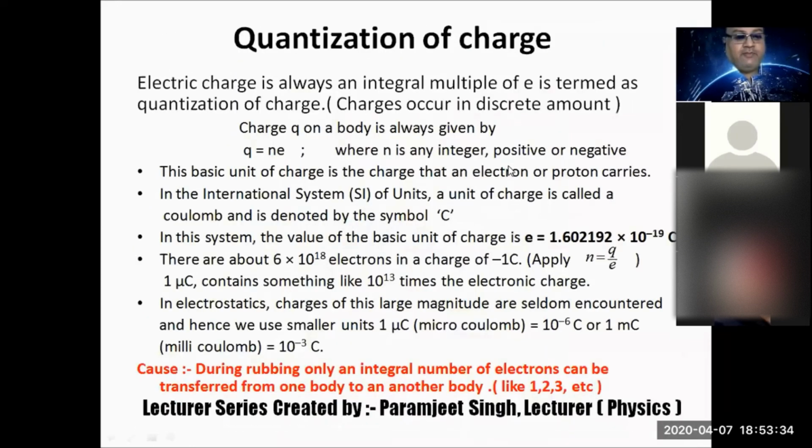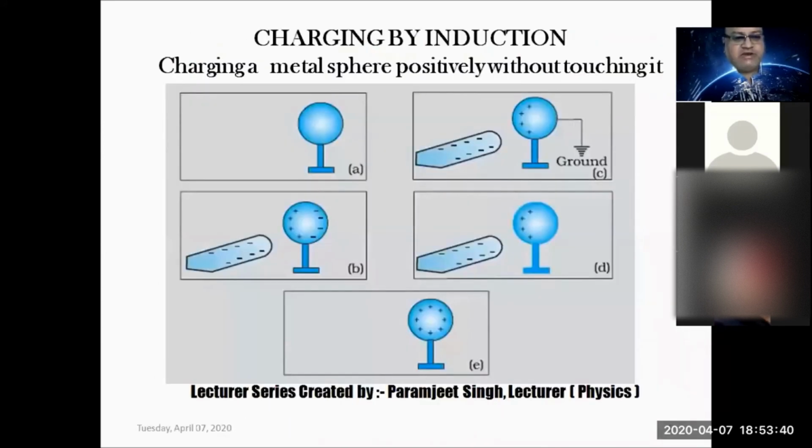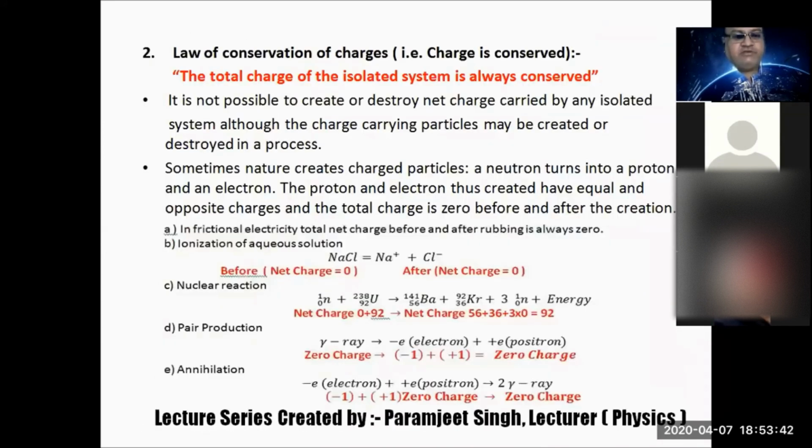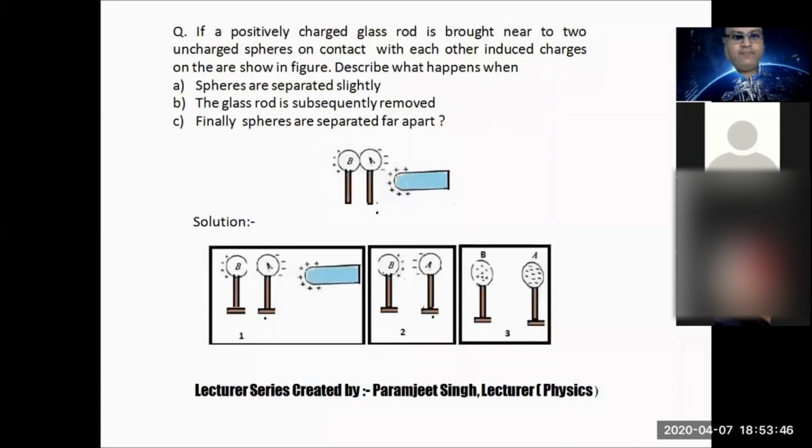See in this previous slide, I have explained the behavior of insulators and conductors with charges. So in the third figure, charges are now equally distributed over the surface because the surface is of metal. This is the whole thing we have learned.